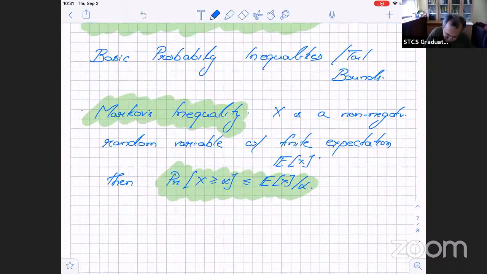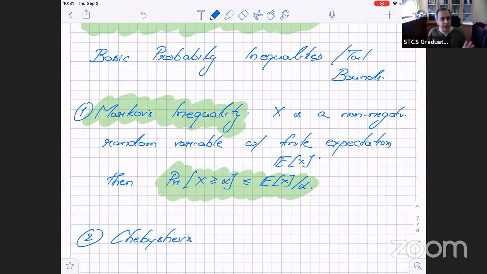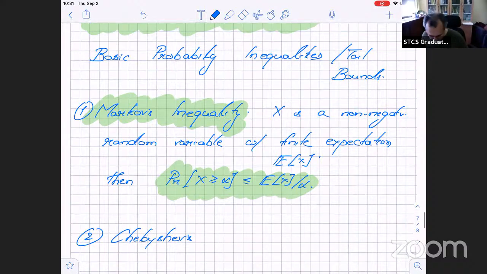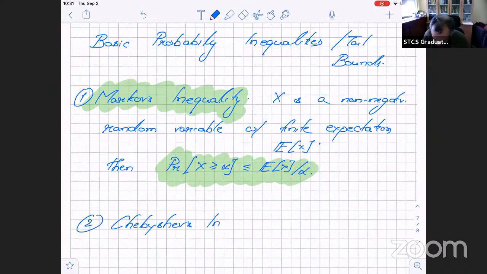The second one is what is called Chebyshev's inequality. By the way, these names are not standard. In our community, we call these Markov, Chebyshev, and Chernoff. In some places, even Markov's inequality is called Chebyshev's inequality.